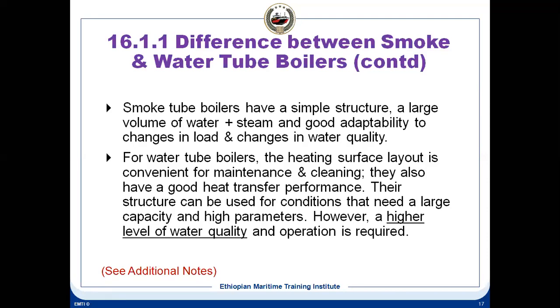So here again, we were talking about the efficiency. The efficiency of a water tube boiler is higher. The construction can also be used for conditions that need a large capacity.